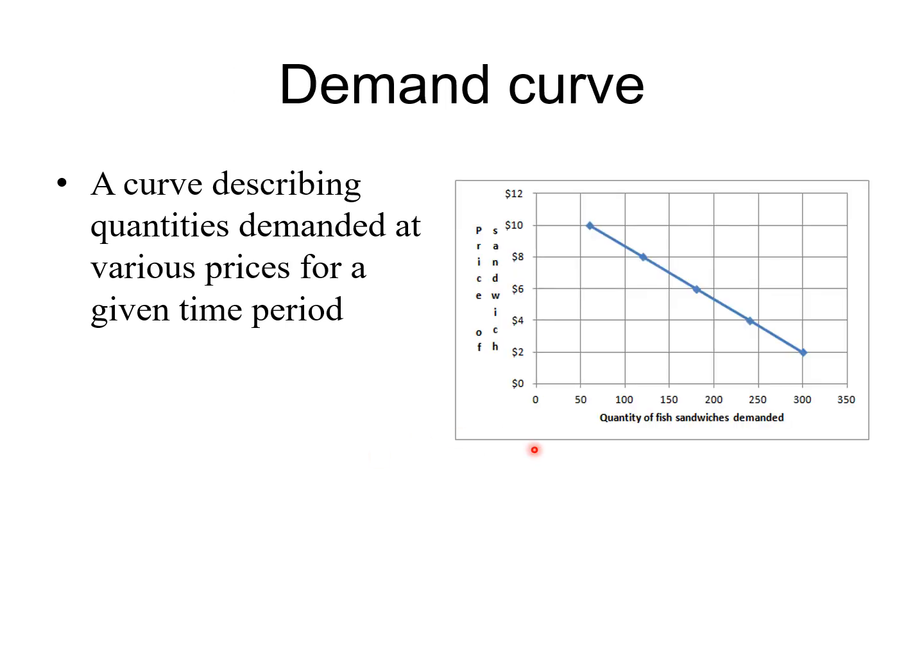From that schedule, we can draw the following demand curve. Now, you'll note that we have the price on the vertical axis and the quantity demanded on the horizontal axis. That's a fairly standard way of doing it.